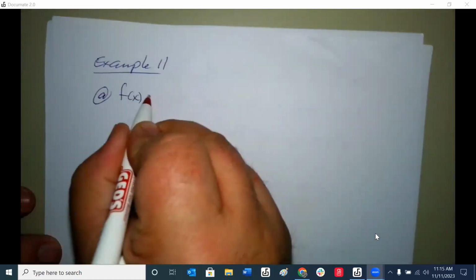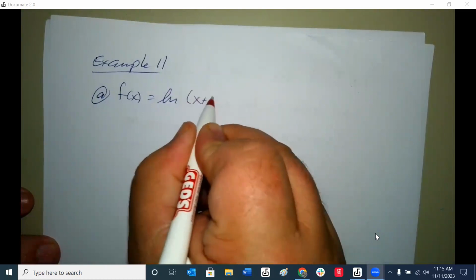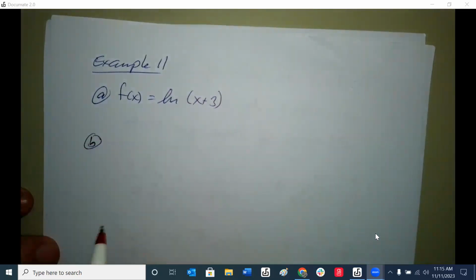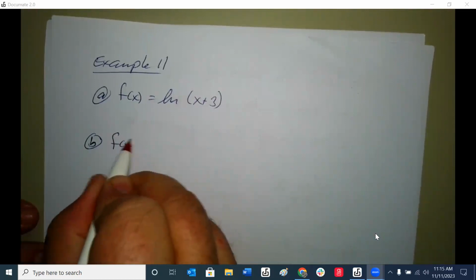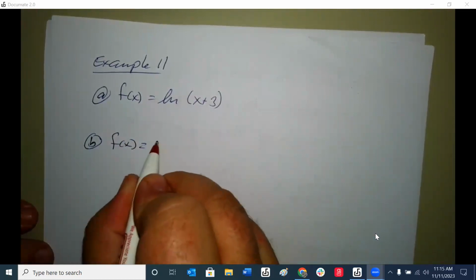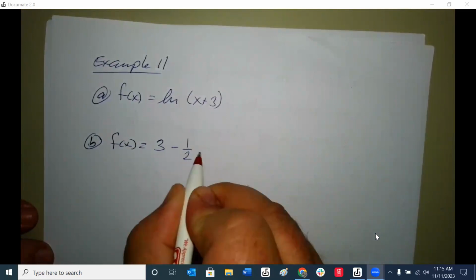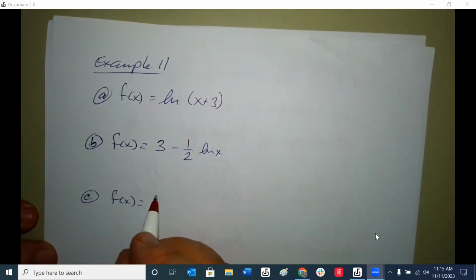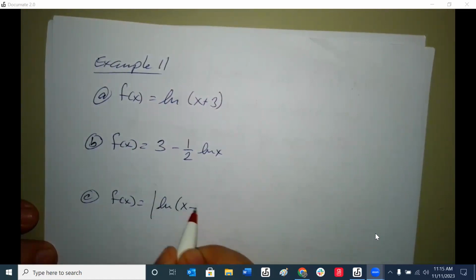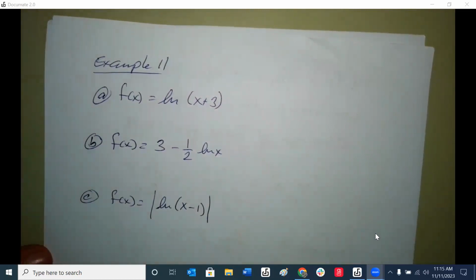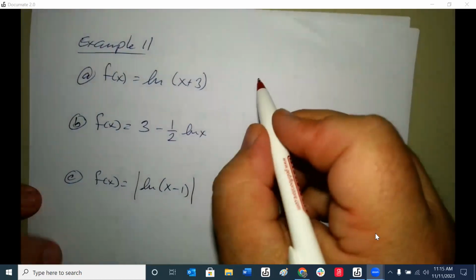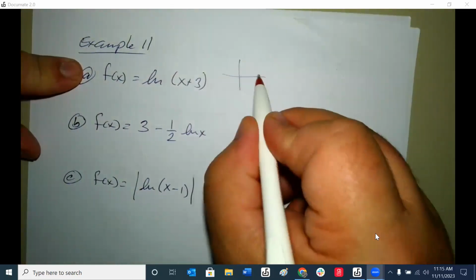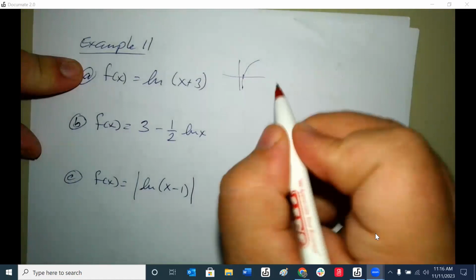So A: f of x equals ln of x plus 3. B: f of x equals 3 minus 1/2 ln x. And C equals the absolute value of ln x minus 1. Yeah, we know what the ln function looks like. It goes through 1.